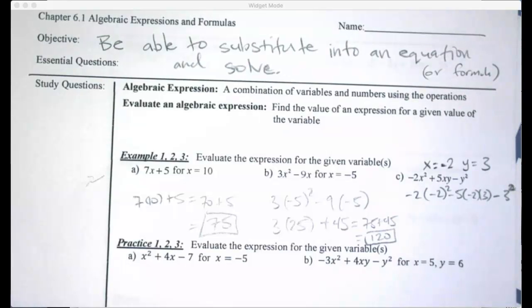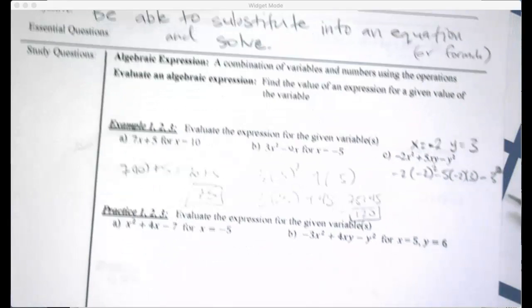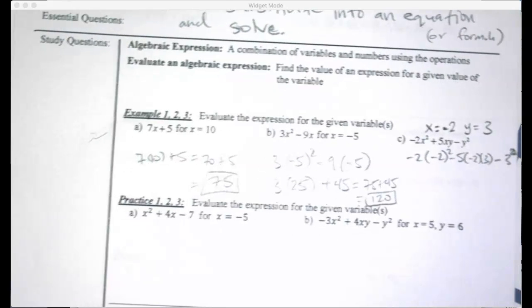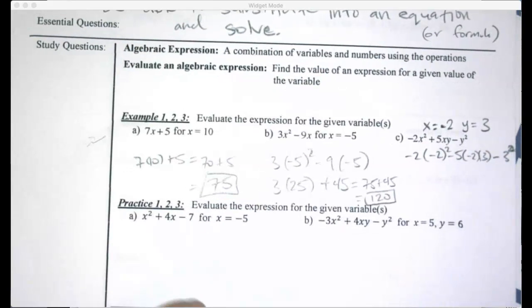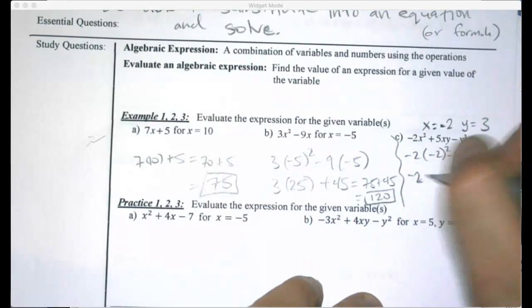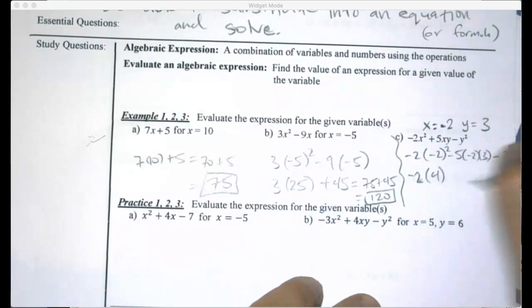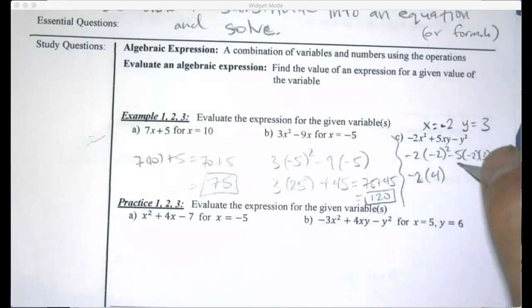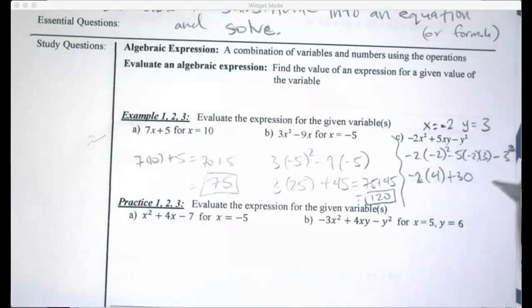So substituting is a matter of just getting rid of something and replacing it with something equal. So here we have negative 2 times, we're going to positive 4 out of that. Negative 5 times negative 2 is 10 times 3 is going to be plus 30, and 3 squared is 9.